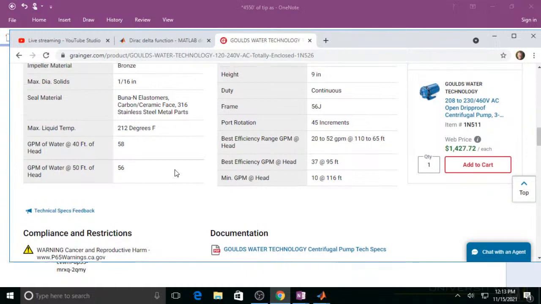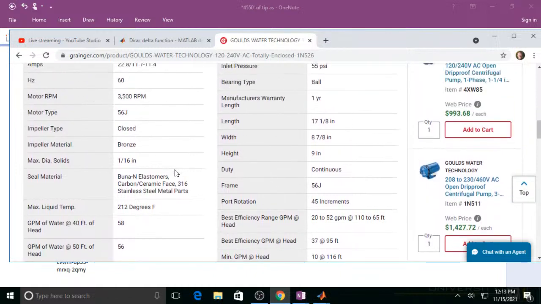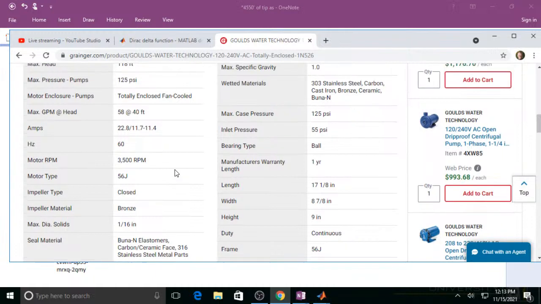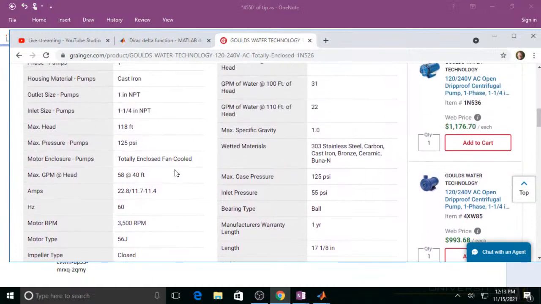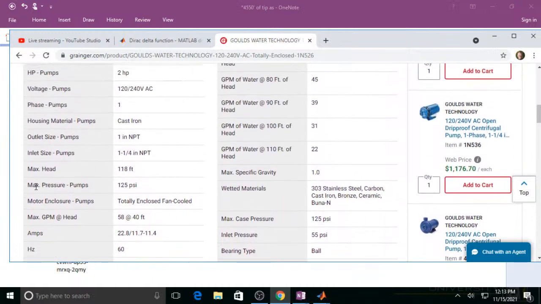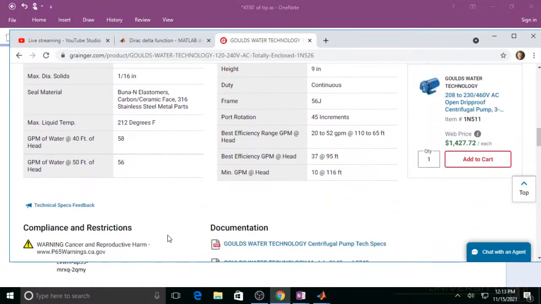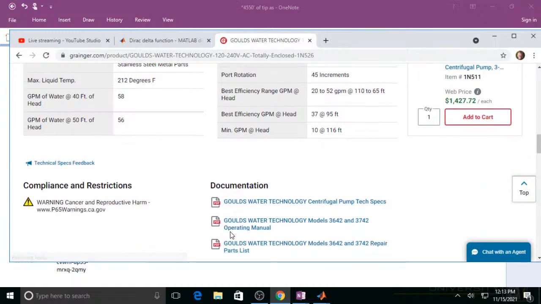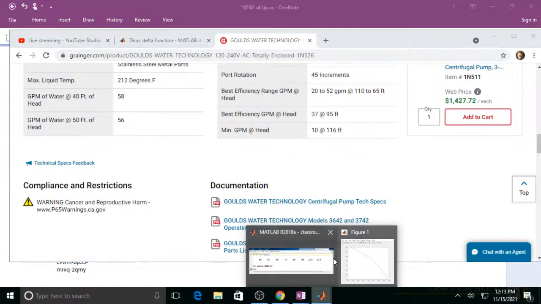Let's go back and see if he says, do I have the maximum pressure? Do you see the maximum pressure anywhere? Maximum pressure of the pump, 125 psi. That's bizarre. I hate the way they do that because they listed it. Oh, here, maximum head, 118. So if you wanted to include that, oh, here he has the thing too. Anyway, it doesn't matter. I'm doing it this way now.